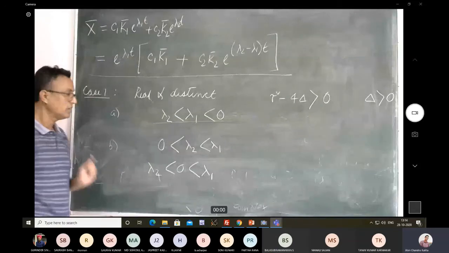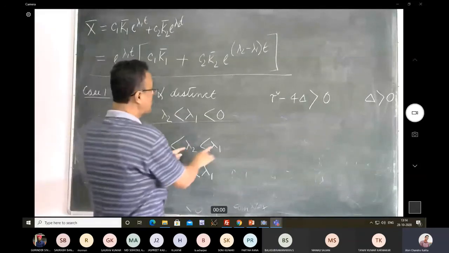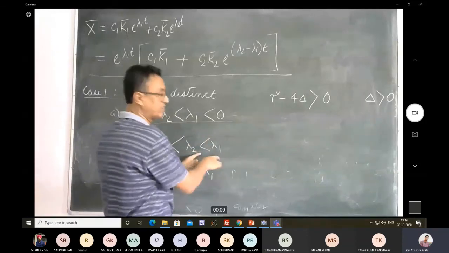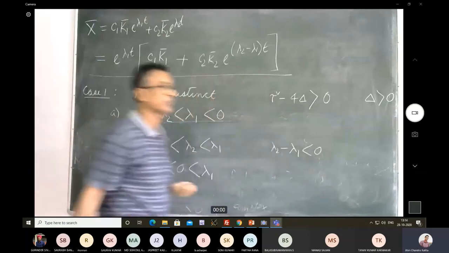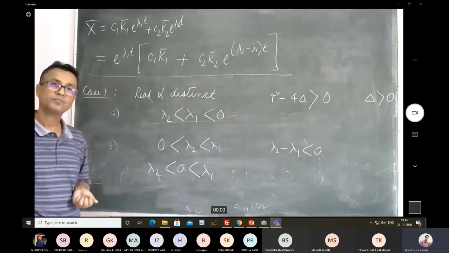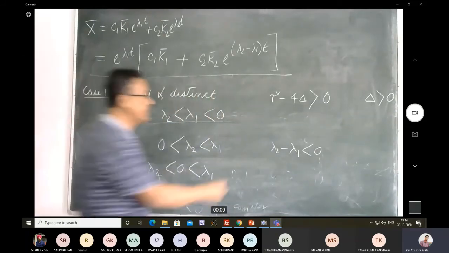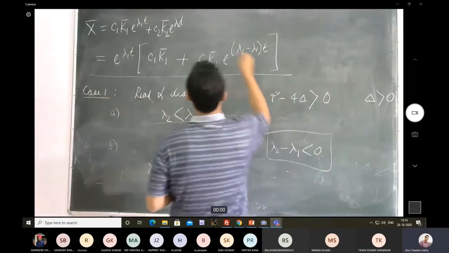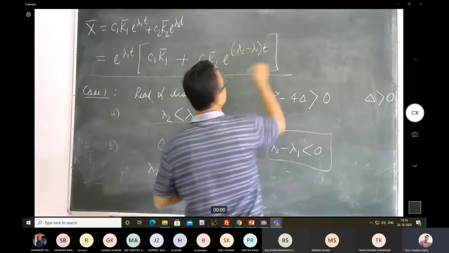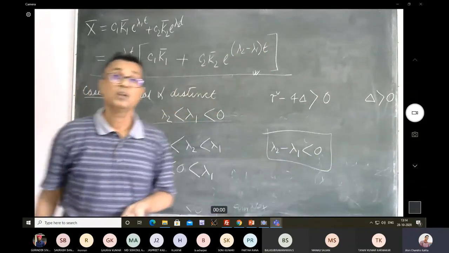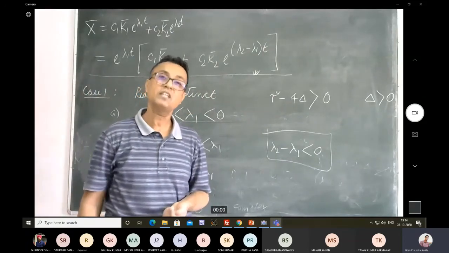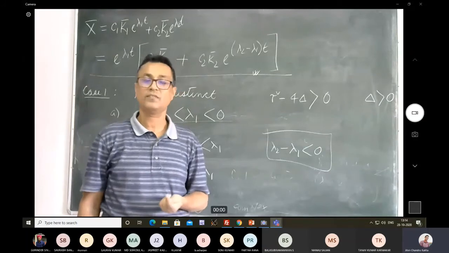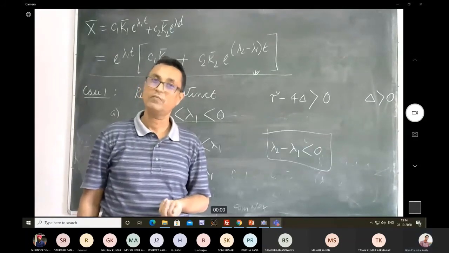Now, since lambda 2 is strictly less than lambda 1, obviously lambda 2 minus lambda 1 is less than 0. If you look at this expression, we are seeking solutions when t becomes large, when t tends to infinity.